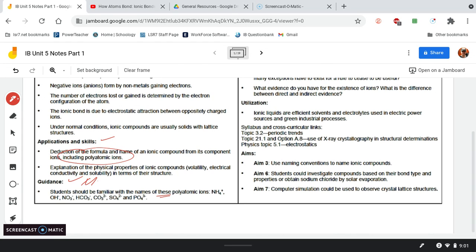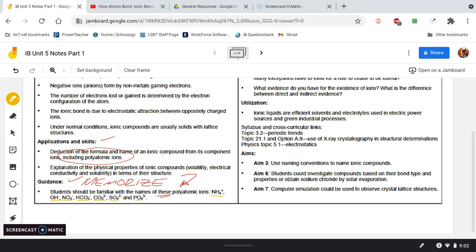We're going to need to memorize some polyatomic ions at some point, not specifically for my class, but the ones that you need to know are right here. Just make sure that you refer to this at some point.